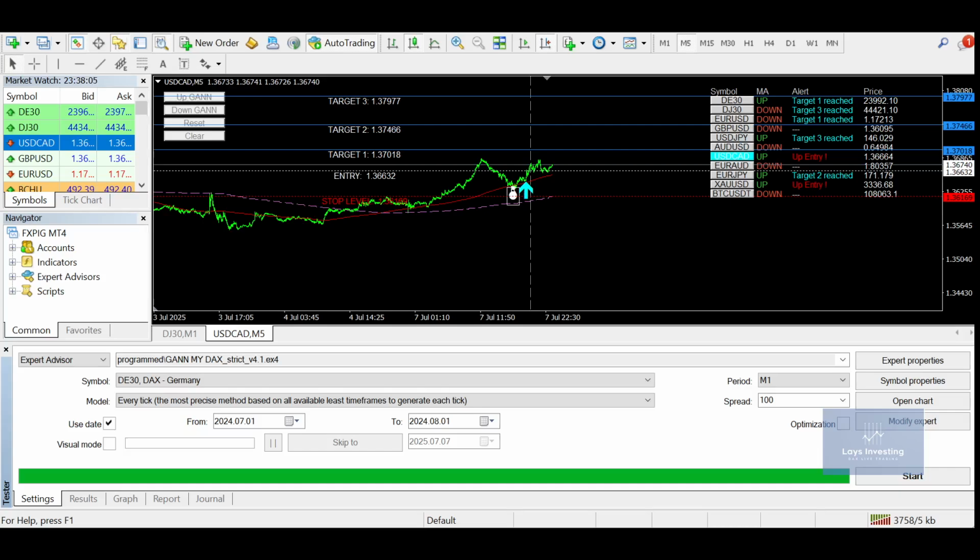So why is profit factor important? Because here we are doing backtesting, and in backtesting we are not taking into account the slippage and the sensitivity of spread. So in live trading, we will have more losses than in the backtesting.